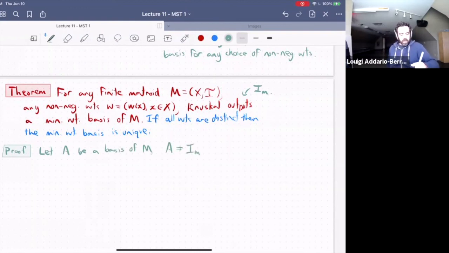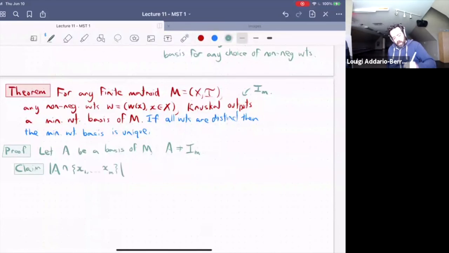Then I claim that if I look at the number of elements of A among x1 up to xi, so how much of A falls in the i lowest weight atoms, that's at most as big as it is for the set that's constructed greedily.